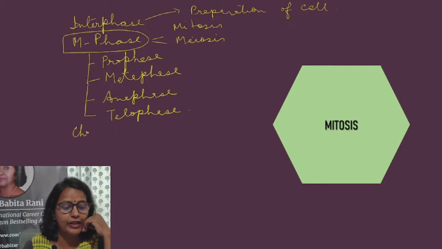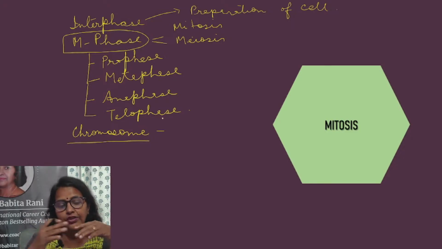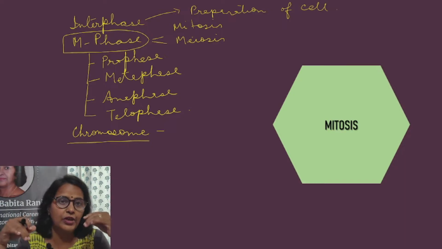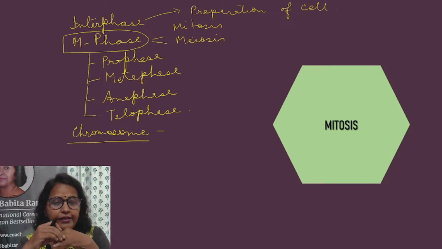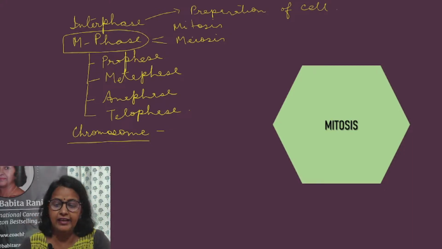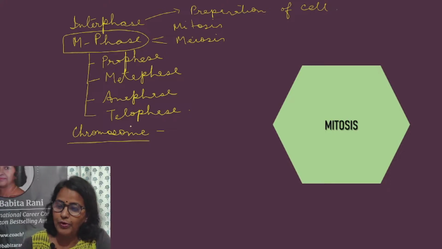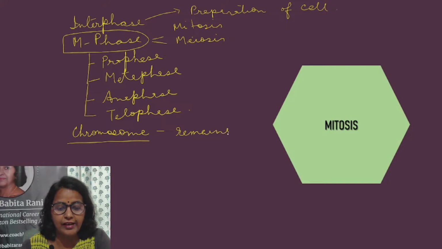When these divisions take place, mitosis and meiosis, chromosomes have to be taken into consideration because chromosomes are the ones which are transferred from one generation to the other or from one cell to the other, so that the chromosome number remains constant in every organism. As all of you know, chromosome number is constant in every organism, which defines that it is this species. When mitosis takes place, the chromosome number remains the same in its daughter cell.